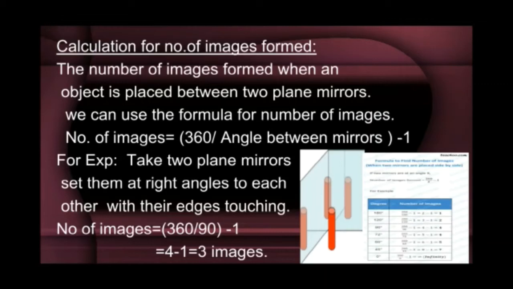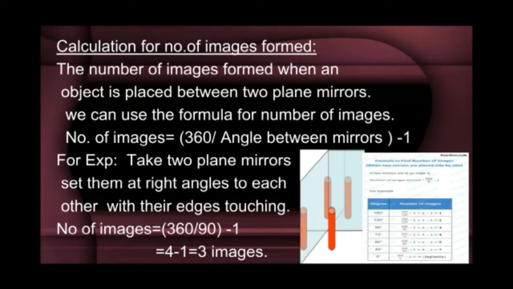For example, take two plane mirrors and set them at right angles, that is 90 degrees to each other, with their edges touching. The number of images is equal to 360 by 90, that is 4, minus 1, which is equal to 3 images.